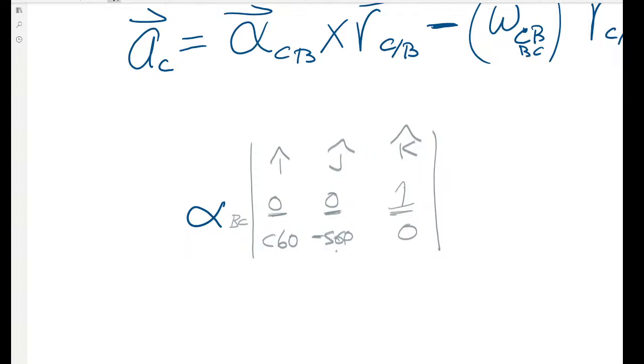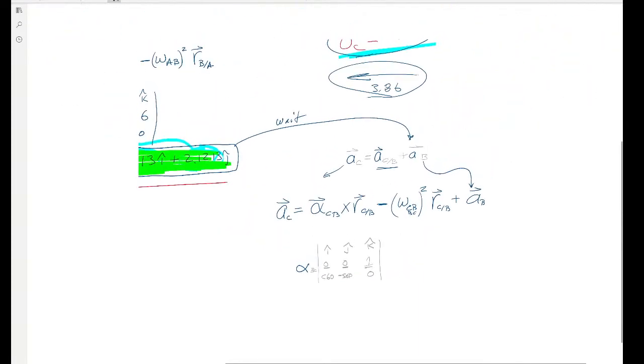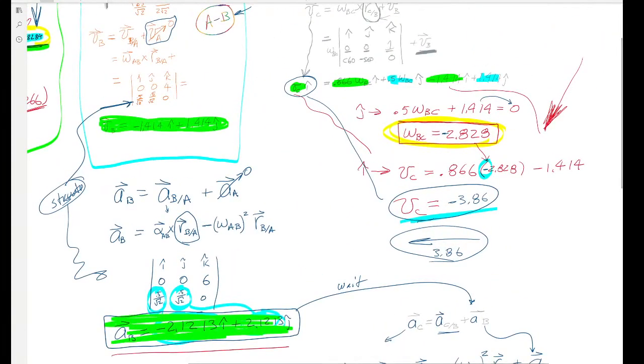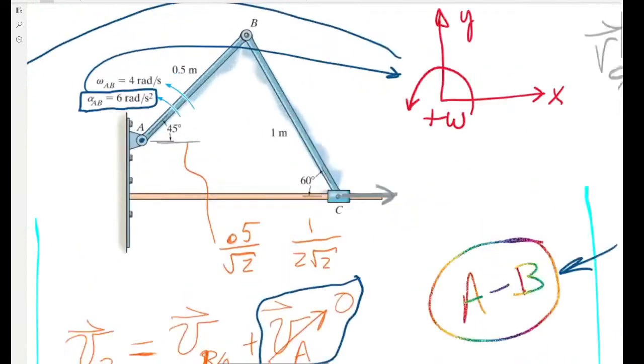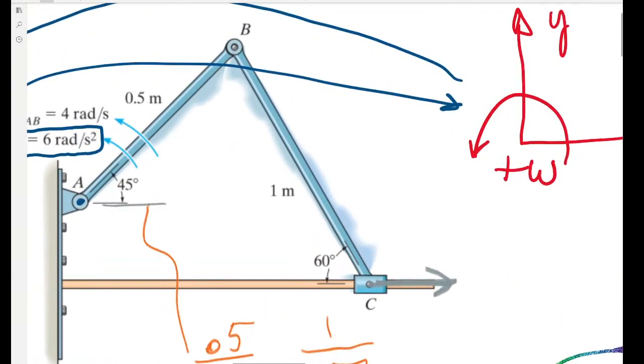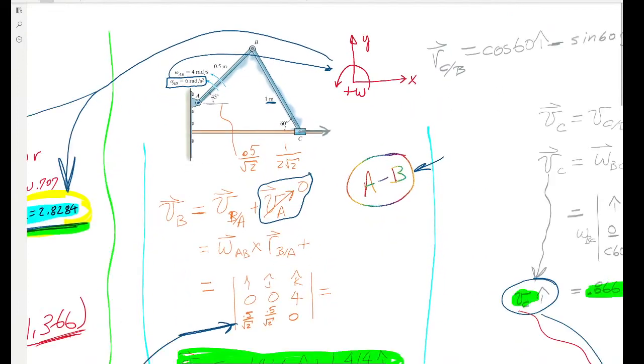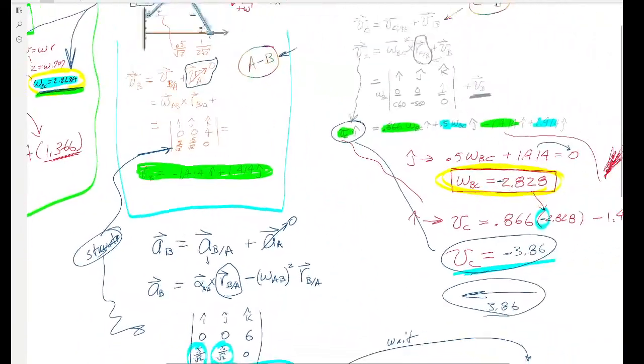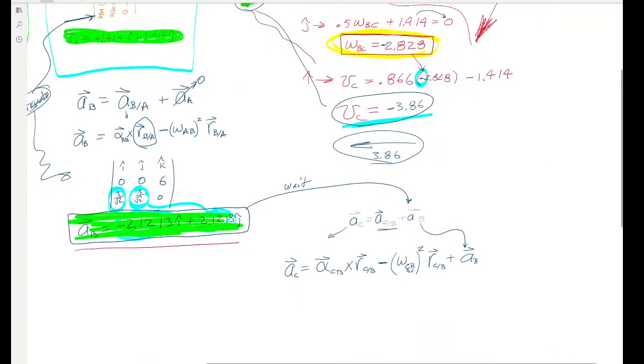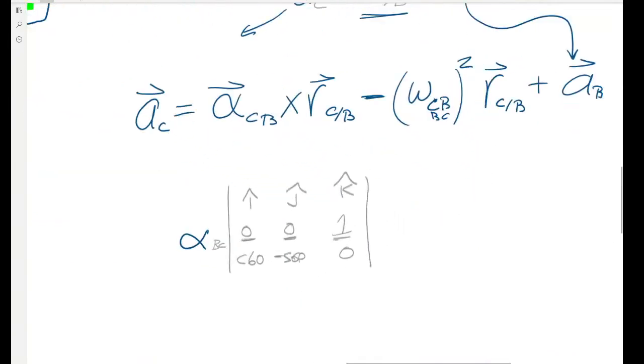Now, I've already figured out this. It looks to me like the length of that thing should be 1. Was that the case? And it was the case. So you can see the length is 1. That's why I don't have a leading term. I have cosine and sine, but nothing leading there. So I've already figured that part out. Now here's the beauty of this system.